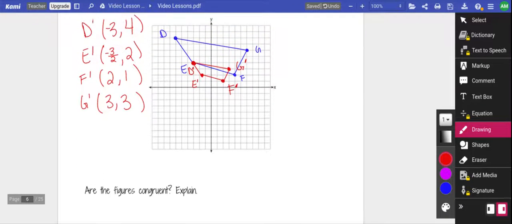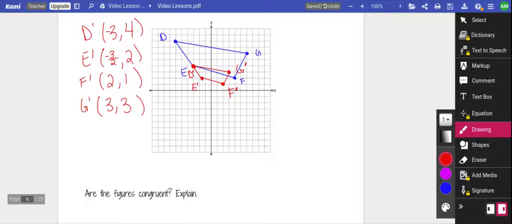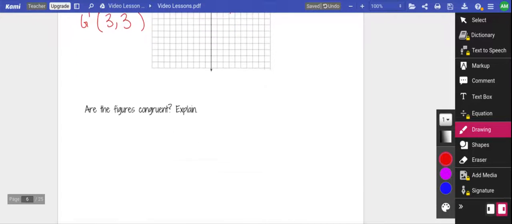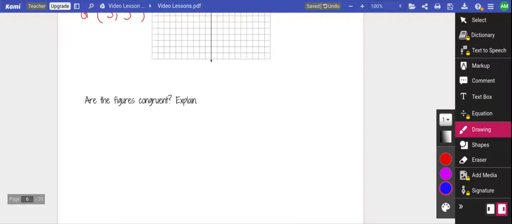Are these figures congruent? So we're going to see what congruent means. Congruent figures have all their corresponding parts equal to one another. So corresponding sides are equal, and corresponding angles.